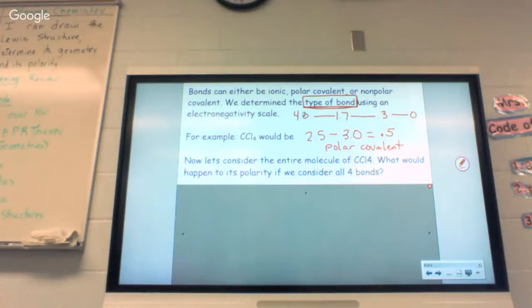Okay? So what would happen to its polarity if we considered all 4 bonds? So instead of just considering 1 bond, we're going to consider all 4 bonds. Okay? That's where it's going to be different now.